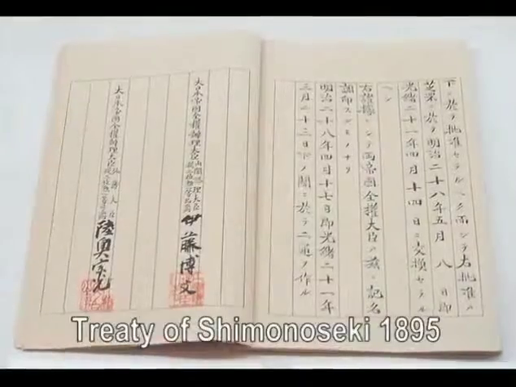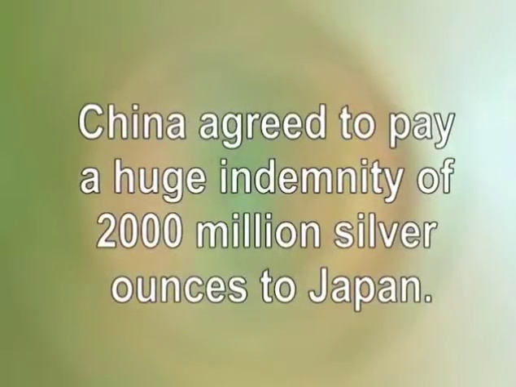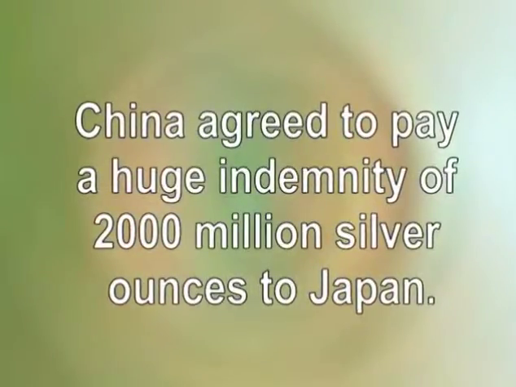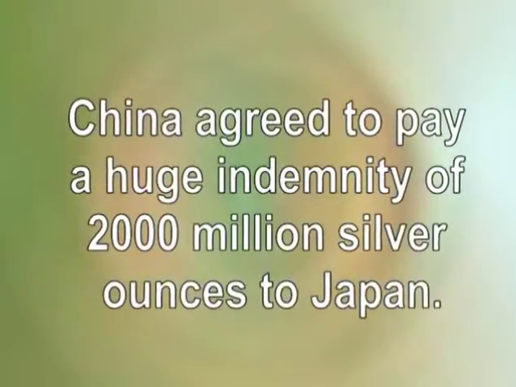China was forced to sign the Treaty of Shimonoseki in 1895. China agreed to pay a huge indemnity of 2000 million silver ounces to Japan, along with other unfavorable terms and conditions. Japan also secured the right of establishing factories on Chinese soil.